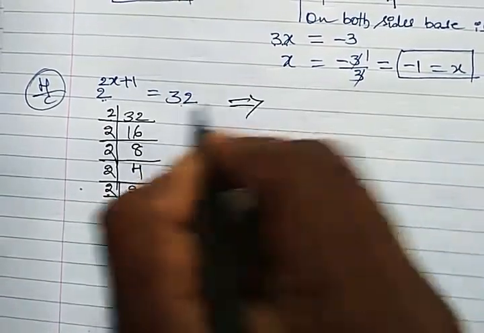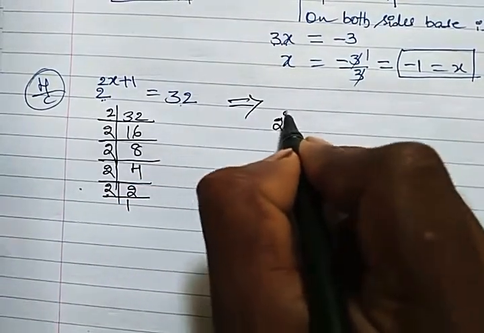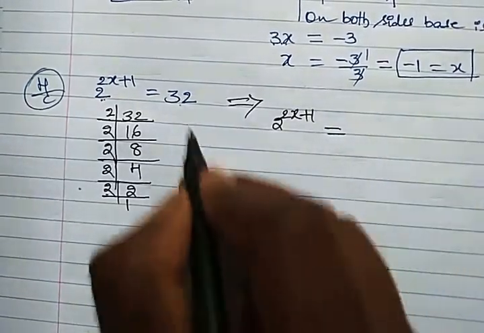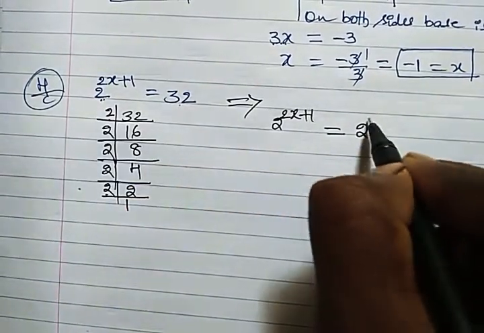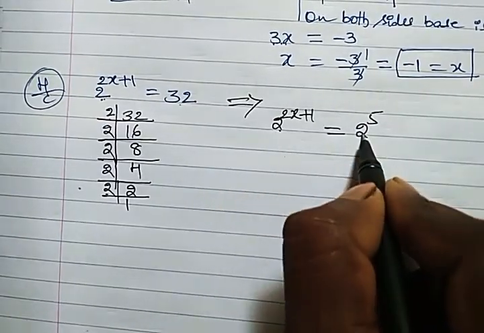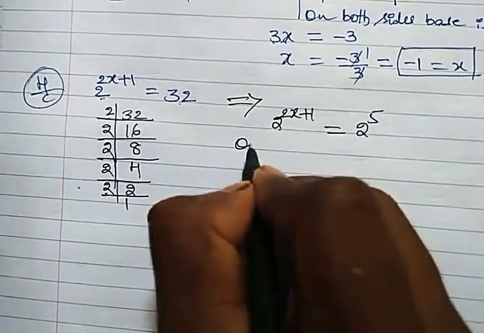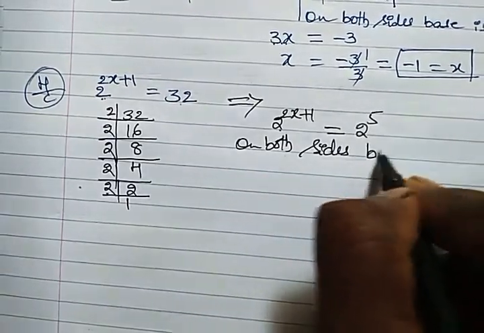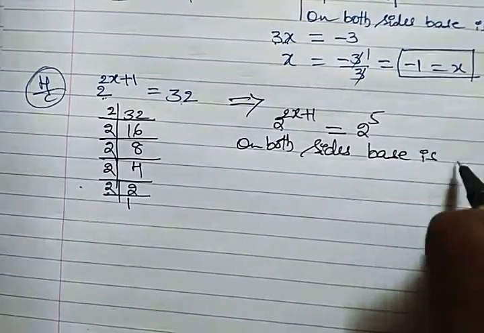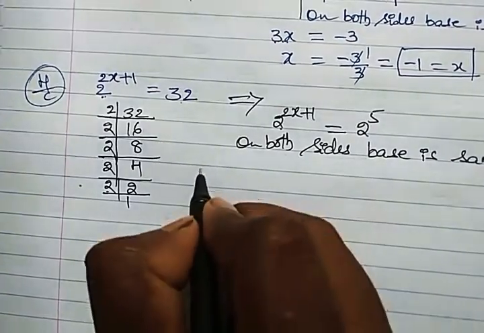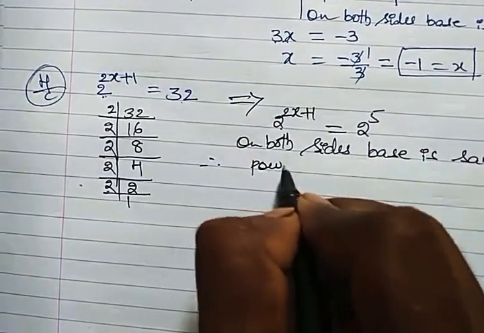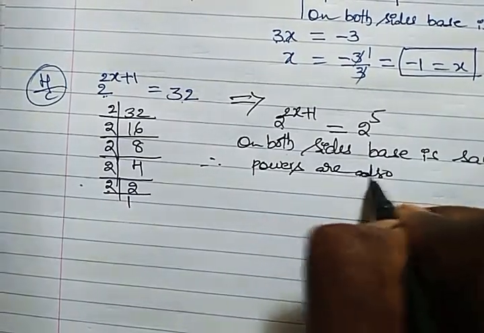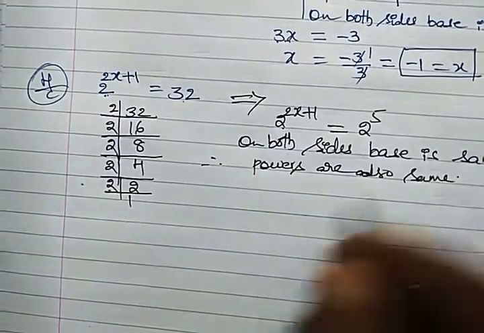This can be written as 2 power 2x plus 1 is equal to 2 power 5, since 32 is written as 2 power 5. Now on both sides the base is the same, so therefore the powers are also the same.